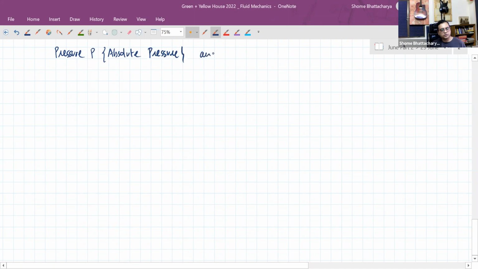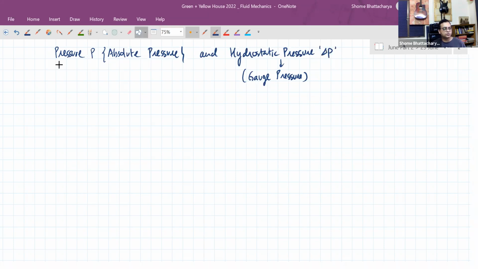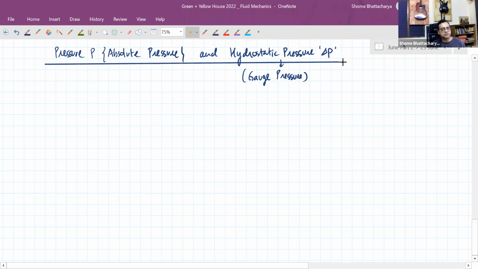And also another term that we use called hydrostatic pressure, or alternately we also use the term gauge pressure, or hydrostatic pressure, delta P. So what are these two terms? How are they related to each other? Let's understand.